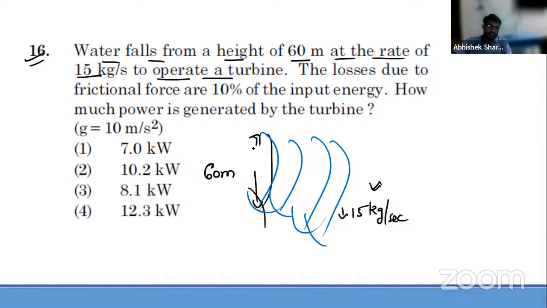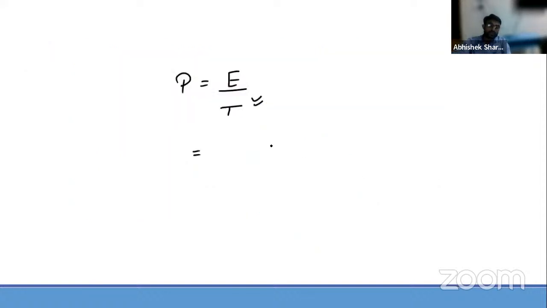What is the energy here, students? If you see here, what is the energy? Anyone? So kg per second is actually mass per second. So we will use here mgh by time.